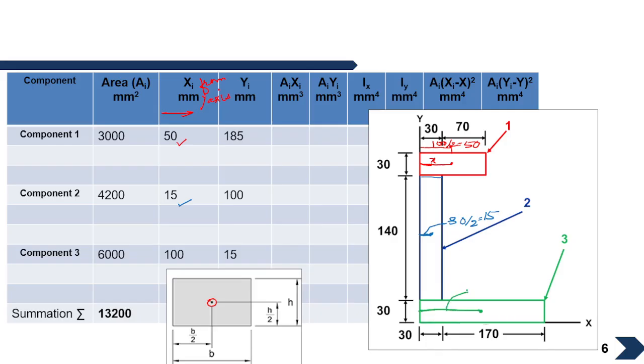The total length of this component horizontally is 200, so 200 by 2 gives me 100. So we have got 100 over here. Like that we have got the centroid of all the sections about the y-axis.